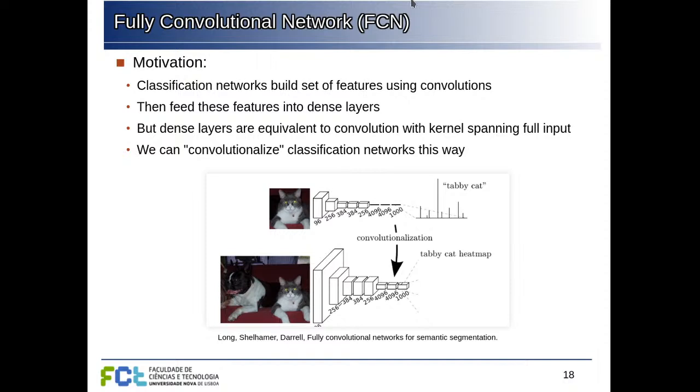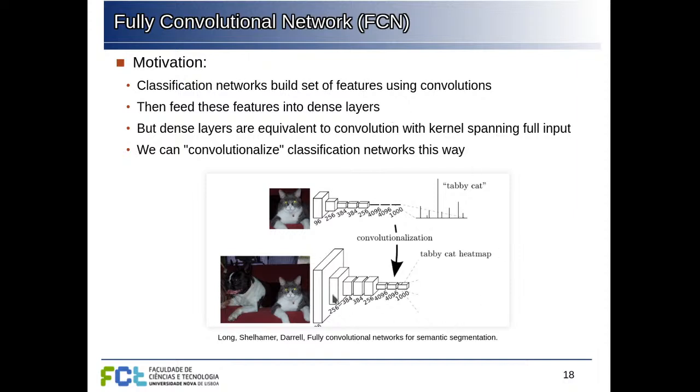But what the authors here proposed is that we can think of a dense layer as a convolutional operation applied with a kernel size that has the same dimension as the input. So if you imagine that you have an input of 32 by 32 and you apply a convolution with a kernel of 32 by 32, this is actually a dense layer because you have individual connections to each of the pixels in the input.